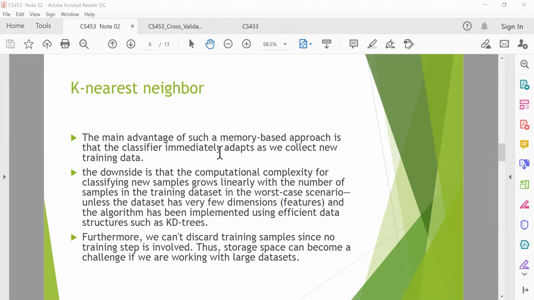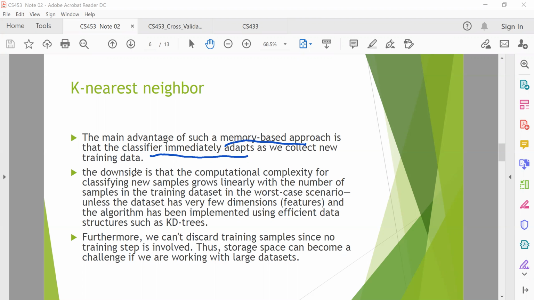But you can see that because it chooses neighbors and then does classification, it is a memory-based approach. And it says the classifier immediately can adapt as you collect new training data. So this is different from what we learned before. So this is memory-based.